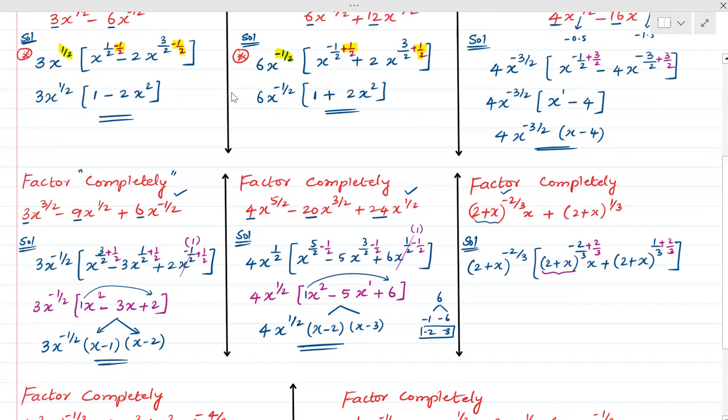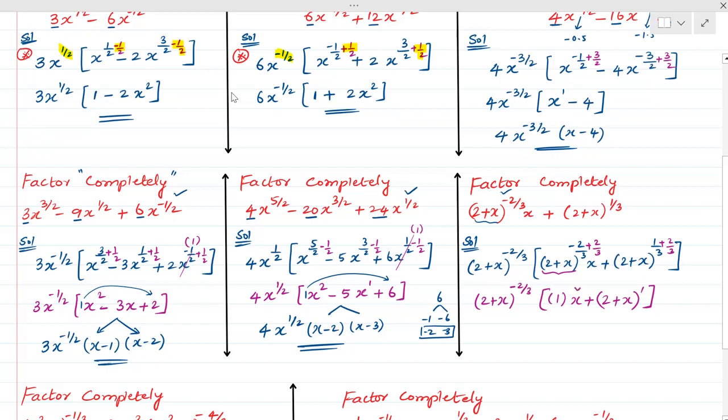So by the way, this part is 1. Any power 0 is 1, but along with that one you have x. So it is 1 times x plus 2 plus x to the power, it is what? 1 plus 2, 3, 3 over 3, which is 1. On the outside, you have the common factor 2 plus x to the power minus 2 over 3.